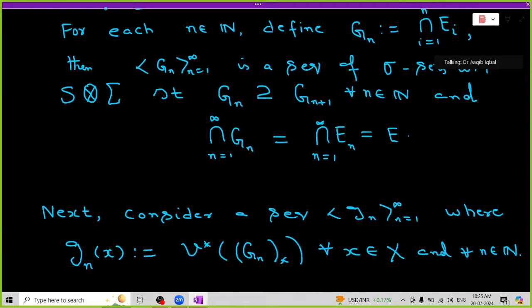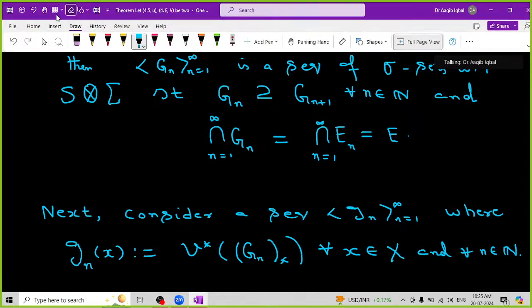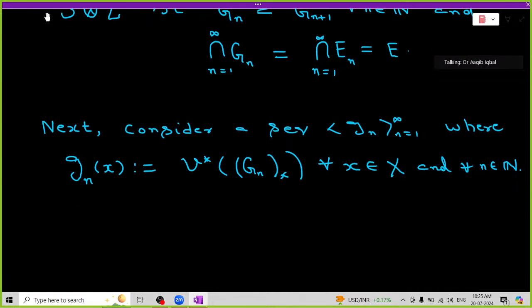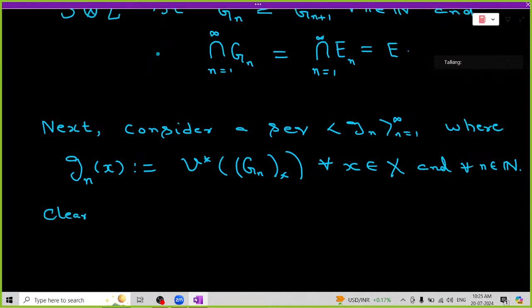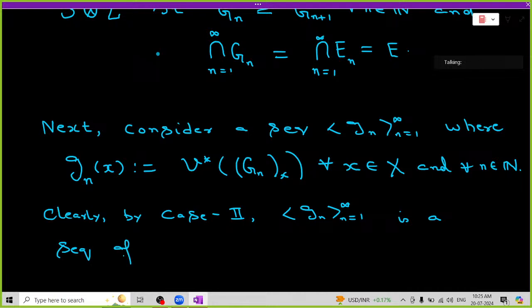You consider the sequence. Now if you use case second, from case second you can easily see that these gn's are integrable functions. Clearly by case second, gn, n running from 1 to infinity, is a sequence of integrable functions over the measure space X, mu.